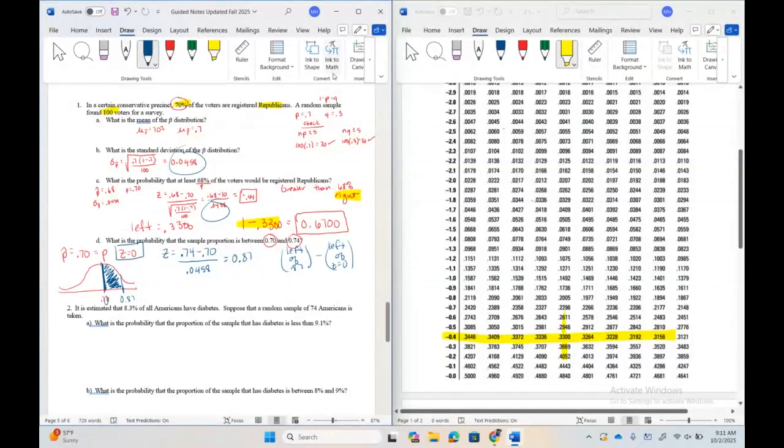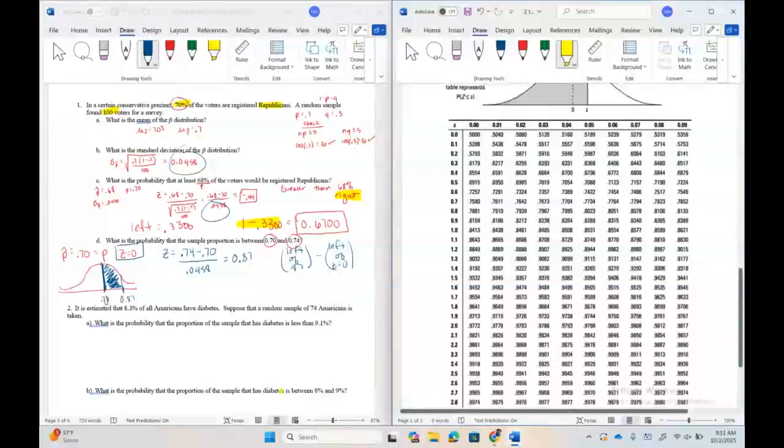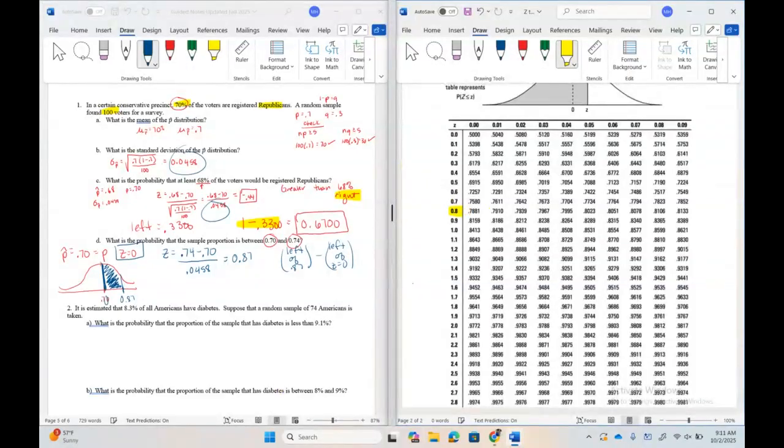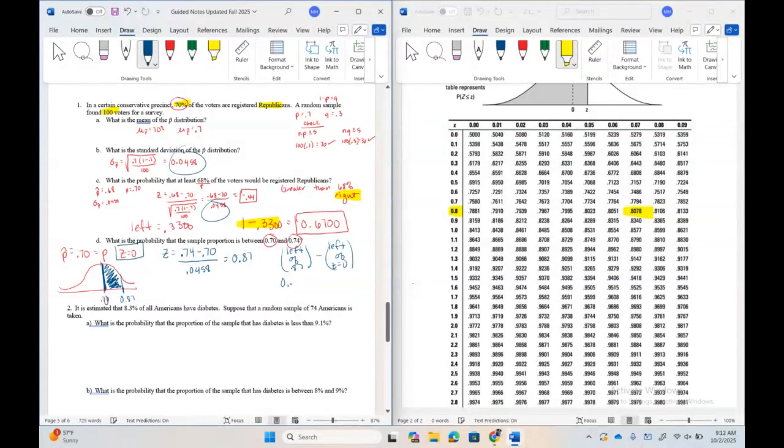If I go to 0.87, that area is 0.8078. The area to the left of z equaling 0 is 0.5. So my final answer would be 0.3078. There's my final answer for that one.